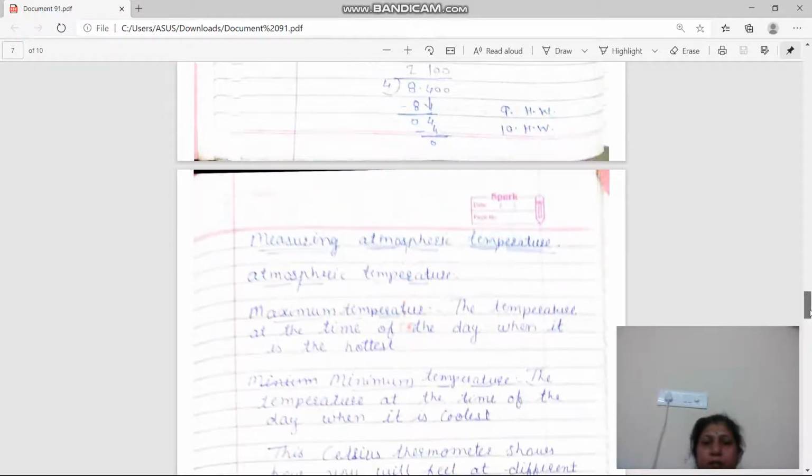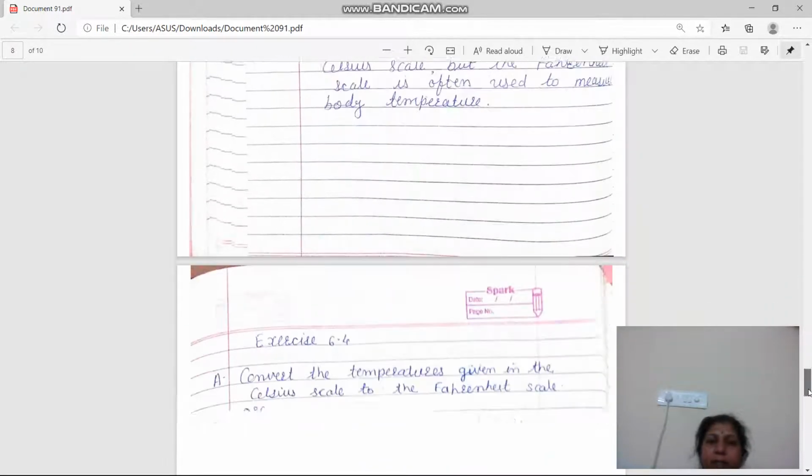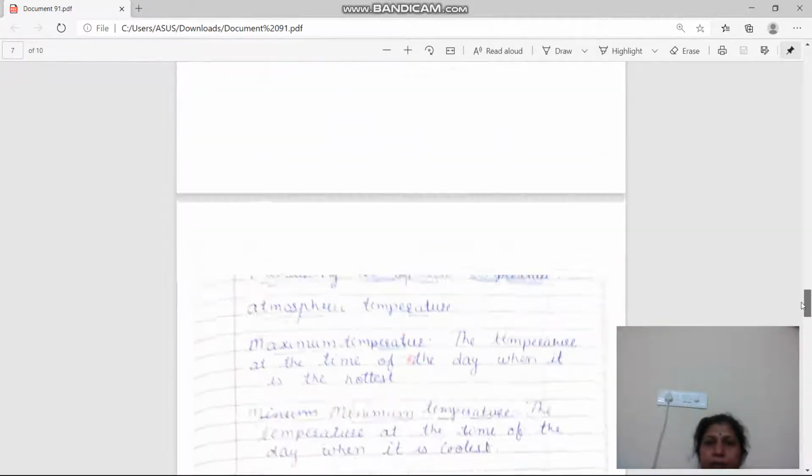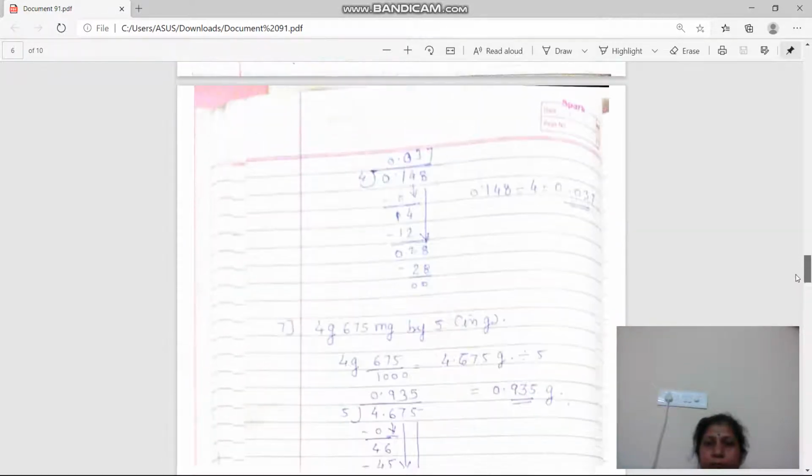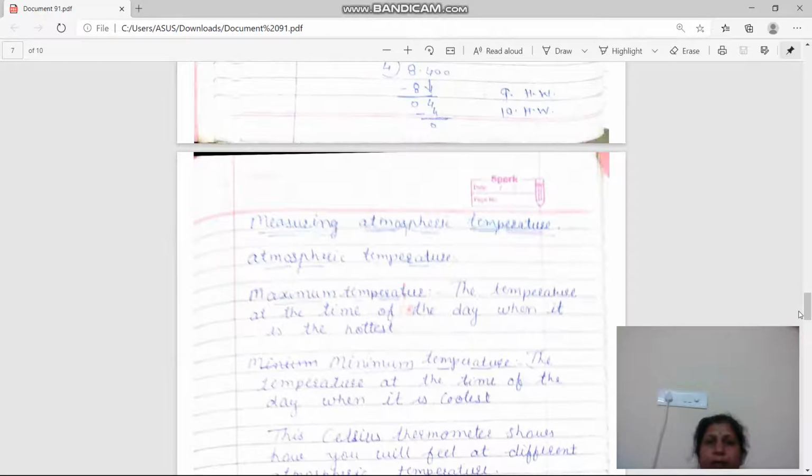Okay, so just 1 minute. Yeah, first of all we see measuring atmospheric temperature, and then we will see the examples on it. Measuring atmospheric temperature.